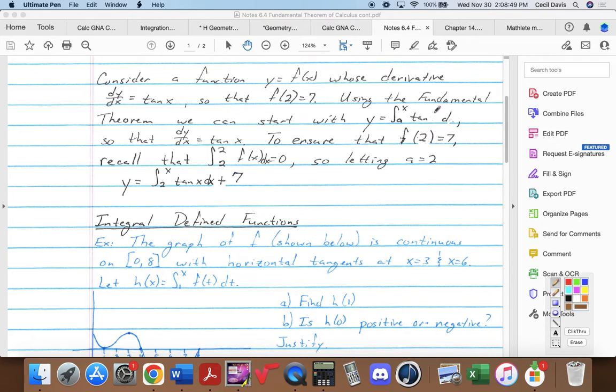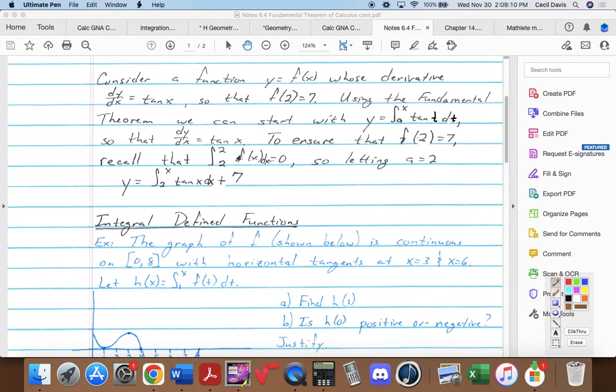So this should be tangent of t dt, so that when we take the derivative of this, we get tangent of x. So that was one of the qualifications. The other qualification was that f of 2 had to be 7.